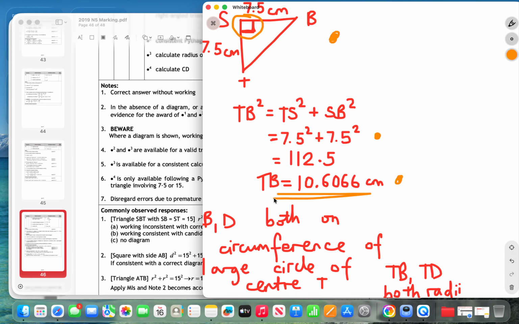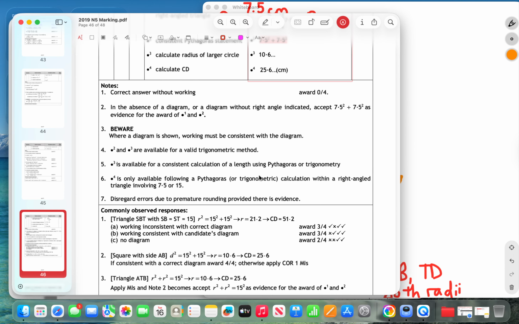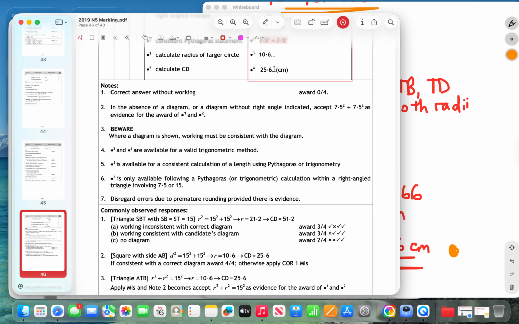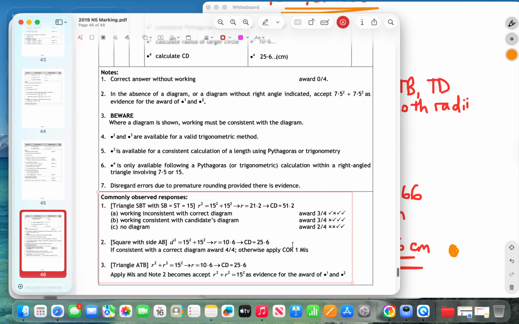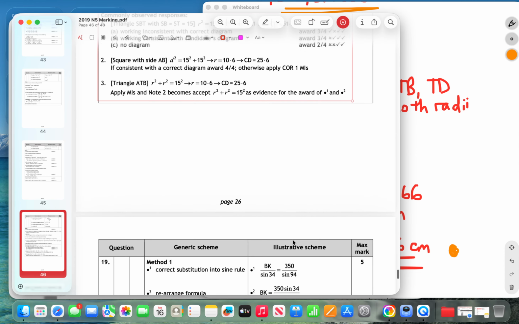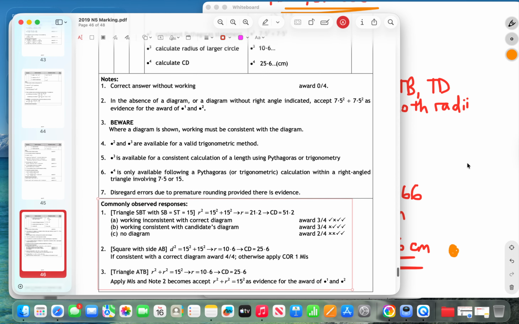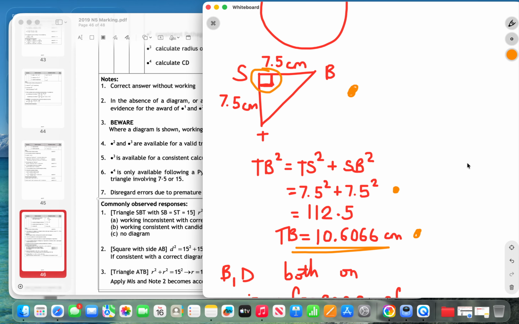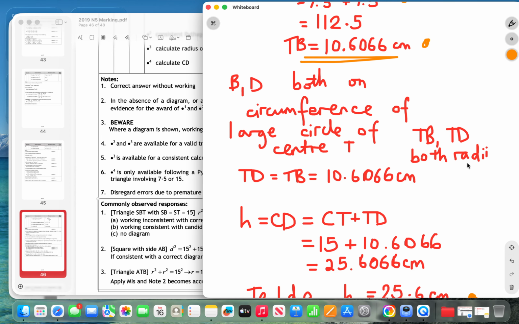But in many questions that won't be the case, so you always, as I always do, want to leave at least 2 to 3 more decimal places in your answer, then round it at the end. No rounding was specified in the question, so I decided to round it off to 1 decimal place, and that's the minimum they've accepted, so that's fine.